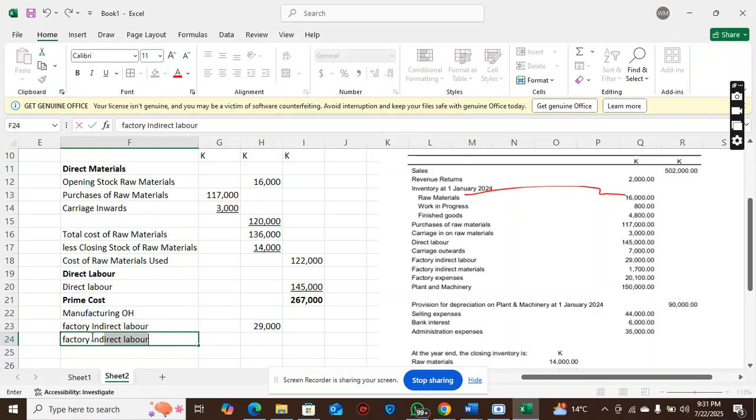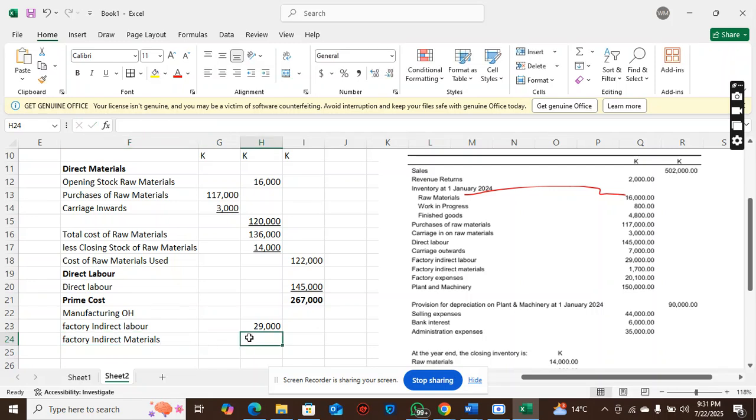Factory indirect material. Wait, isn't there depreciation also?